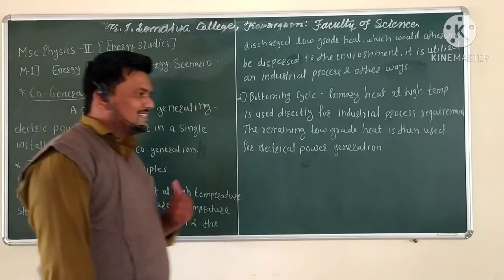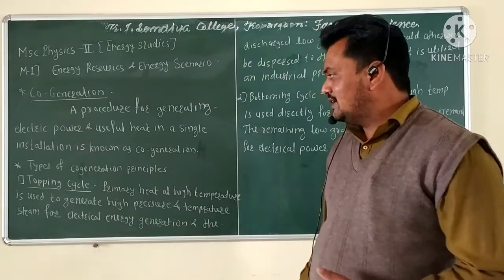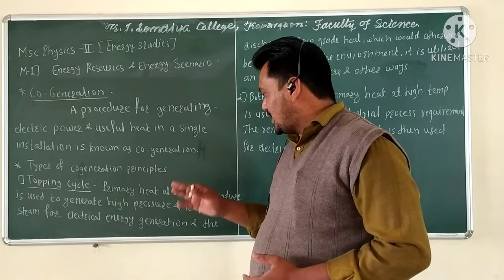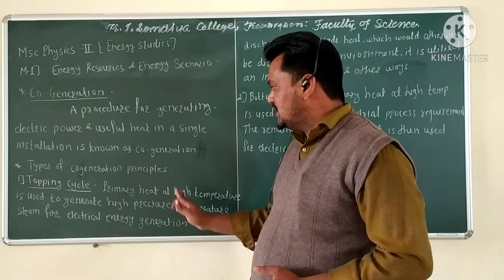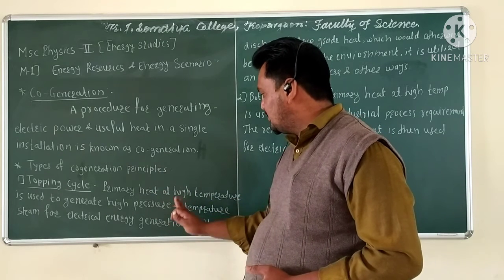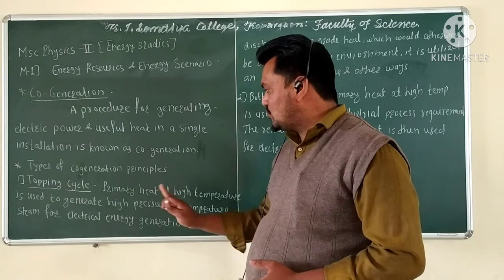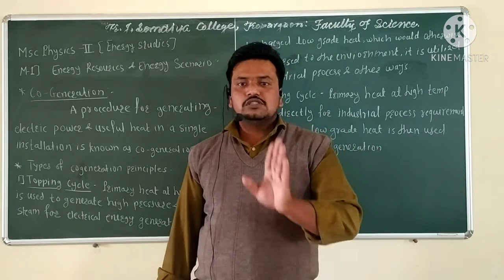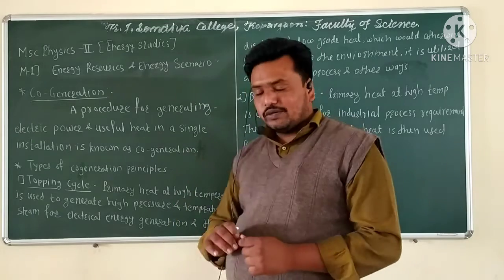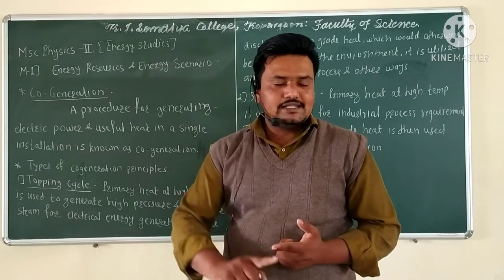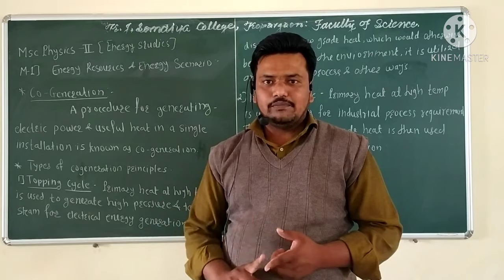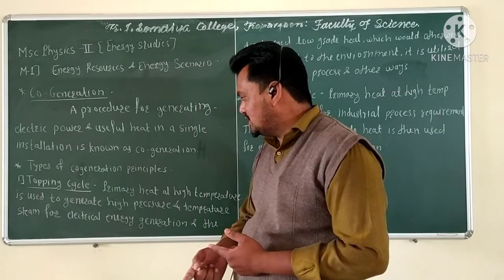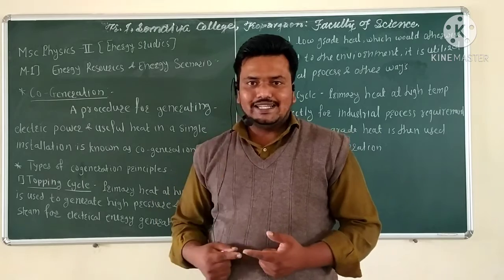What is the idea of the topping cycle? The topping cycle is nothing but primary heat at high temperature used to generate high pressure and temperature steam for electrical energy generation. The first purpose is that the primary heat, which has high temperature and high pressure, is used to generate the electricity.